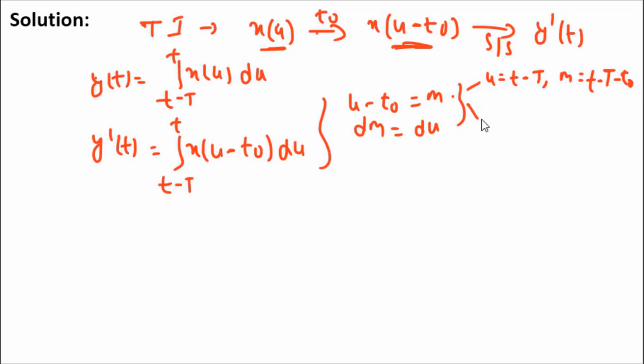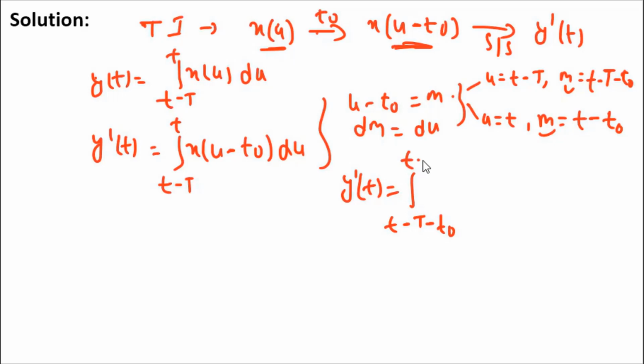Now when u equals small t, m becomes t minus t naught. Now your y prime t becomes integration, with the limits changed according to this value of m, from t minus capital T minus t naught to t minus t naught, of x of m d of m. So you get y prime of t.